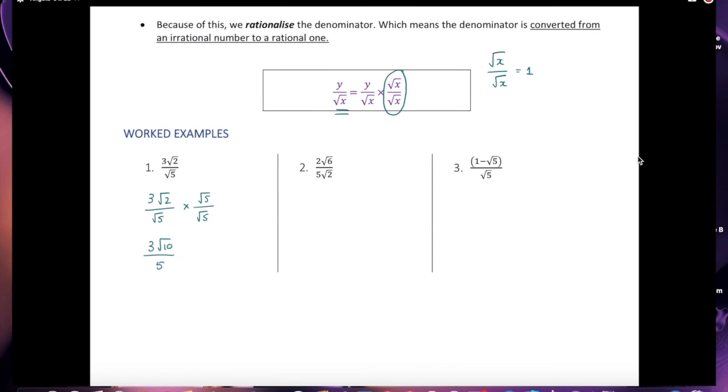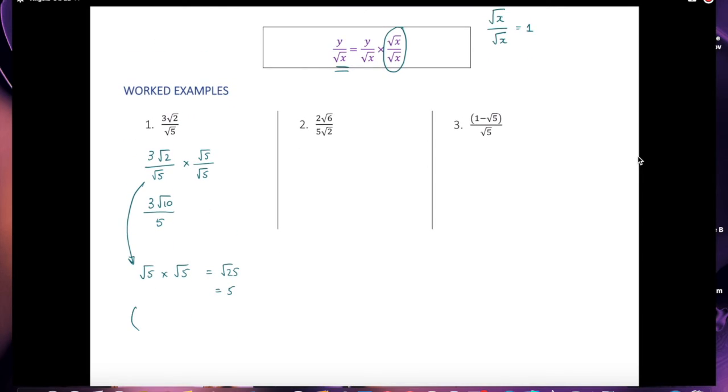The reason is, remember that root 5 times root 5 can be written as either root 25, which equals 5, or you can choose root 5 squared, which is the same as saying 5 to the power of a half, and then that's to the power of 2. Multiplying out our powers, we're left with 5. Either strategy is fine, both will get you to the same answer. So our final answer is 3 root 10 divided by 5.